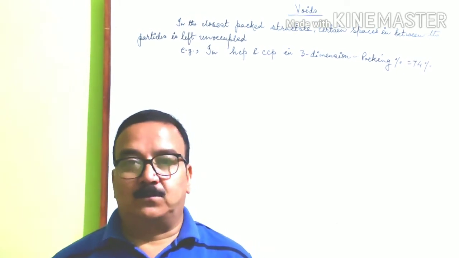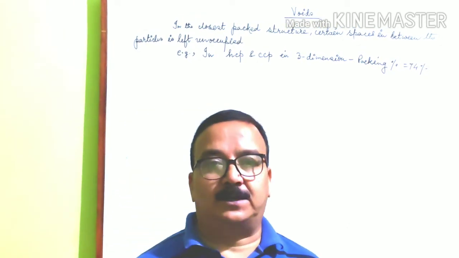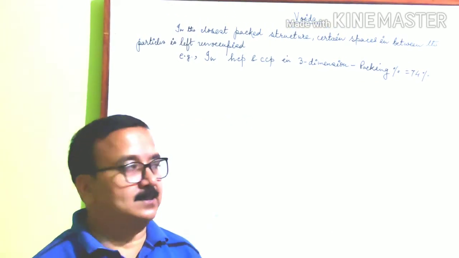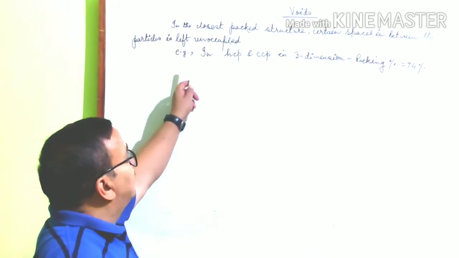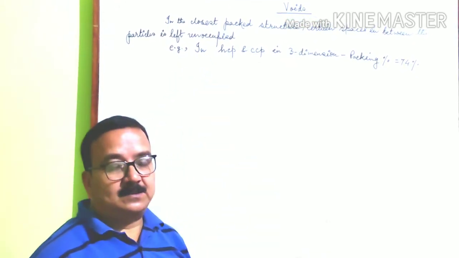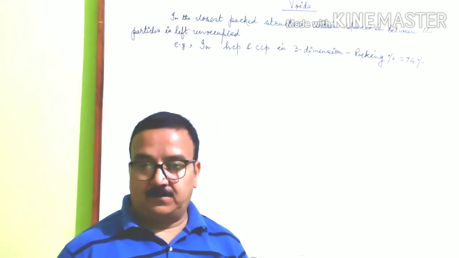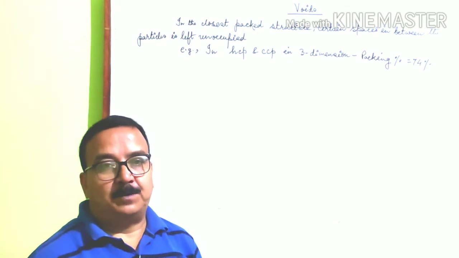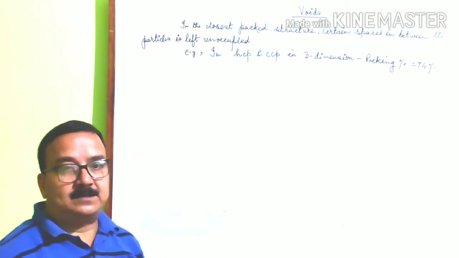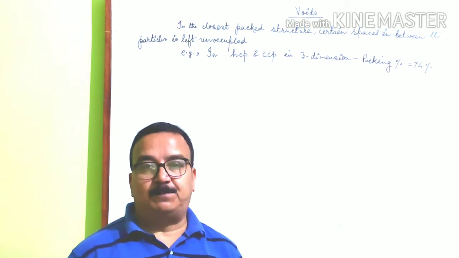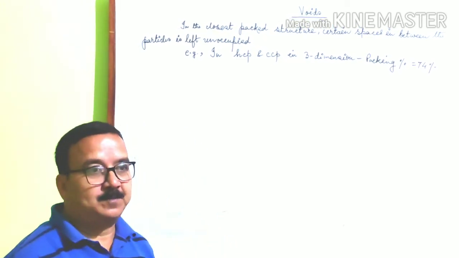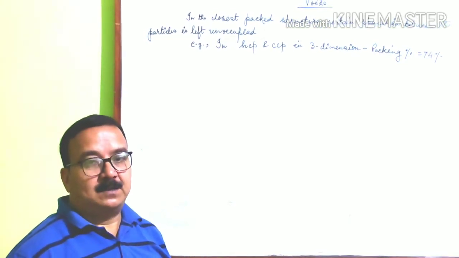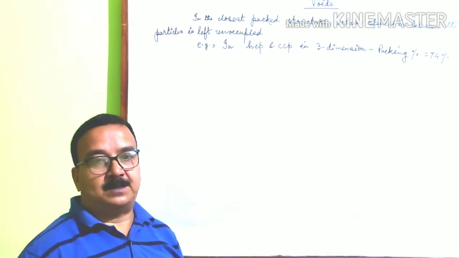Today's topic is voids, which is also known as interstices. Now, what is void or interstices? In the closest packed structure, certain spaces are vacant, that is unoccupied. For example, you have seen in CCP lattice or SCP lattice in 3 dimensions, 74% of the total available space is occupied by the spheres.